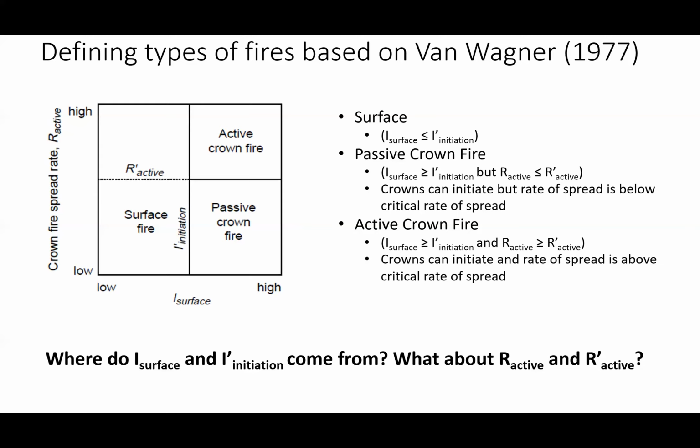And then what is the I prime or I initiation? The I initiation is the intensity required to have the actual crown fire initiation. Right. So that's coming from Van Wagner.